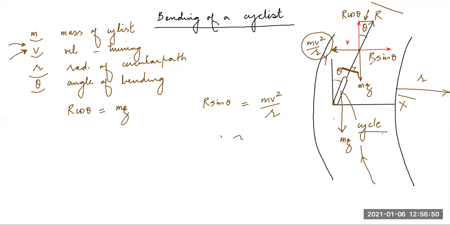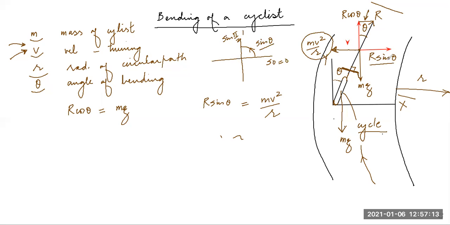Now students, you see as the value of theta increases, the value of sin theta also increases. From trigonometry, we know that the value of sin 0 is 0, and the value of sin pi by 2 is 1. So as theta is increasing, the value of sin theta is also increasing.